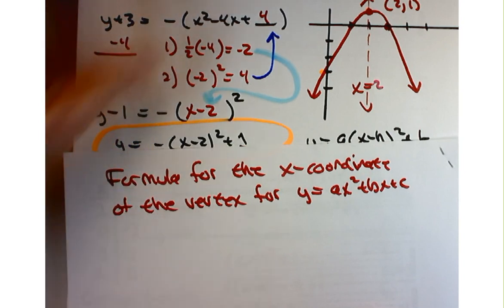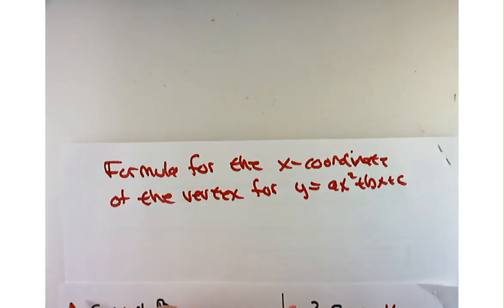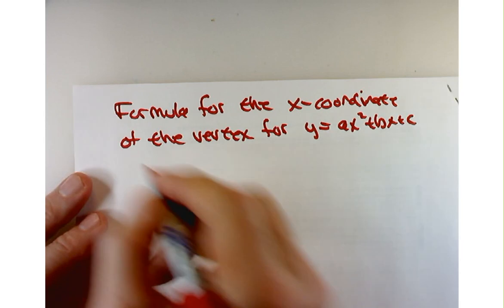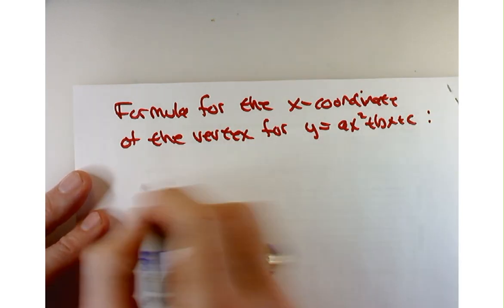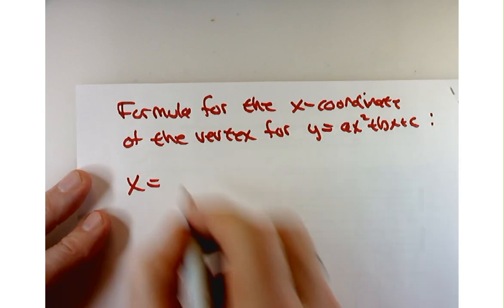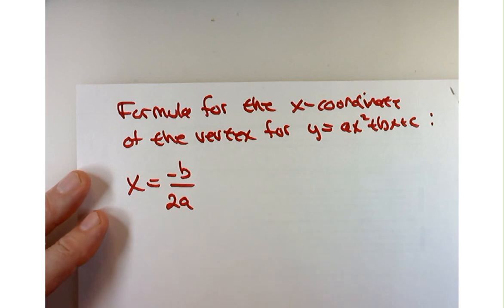Now, if this were a calculus class, this would be like a 2-second proof. In this class, it'd be a longer proof, but I'm not going to prove it to you. I'm just going to give it to you. The x coordinate of your vertex is given by -b over 2 times a. And that's it.